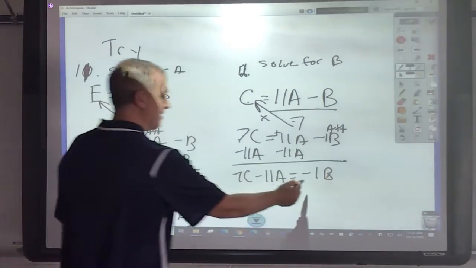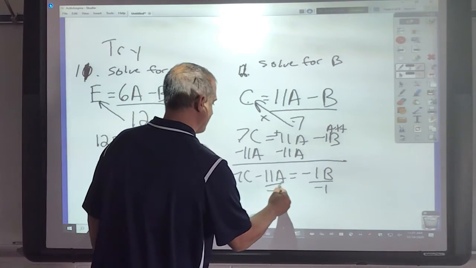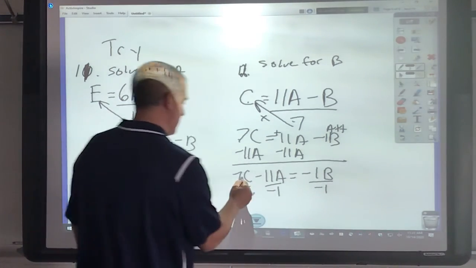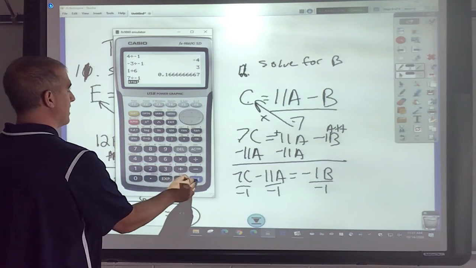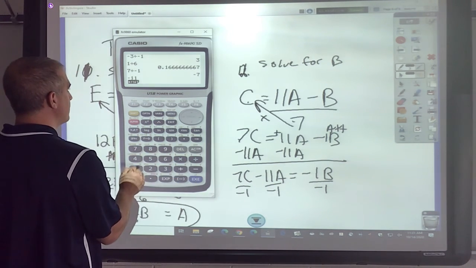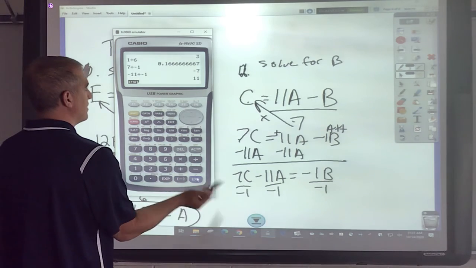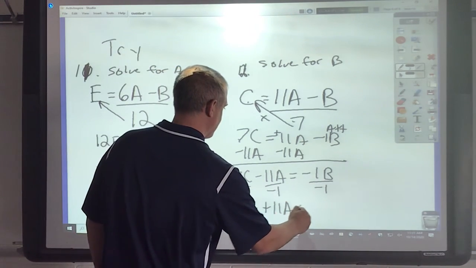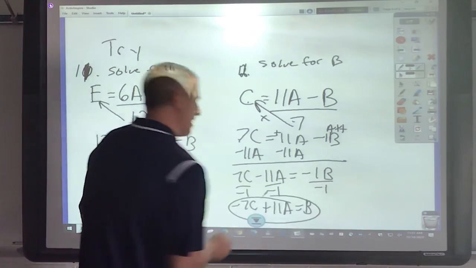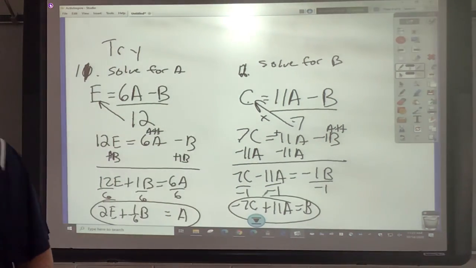To get rid of that negative 1, I'm dividing every term by negative 1. 7 divided by negative 1 is negative 7, and negative 11 divided by negative 1 is positive 11. So negative 7c plus positive 11a equals b. And that is going to be your lesson on literal equations.